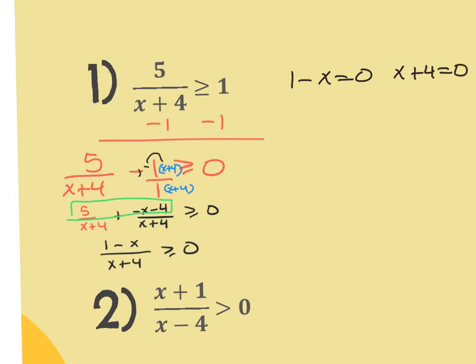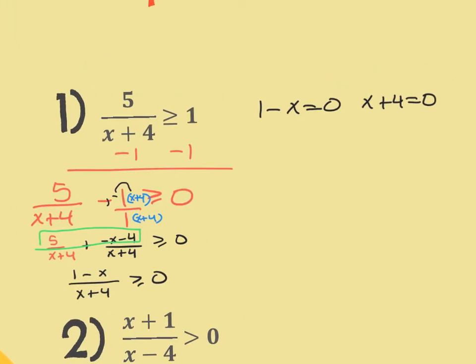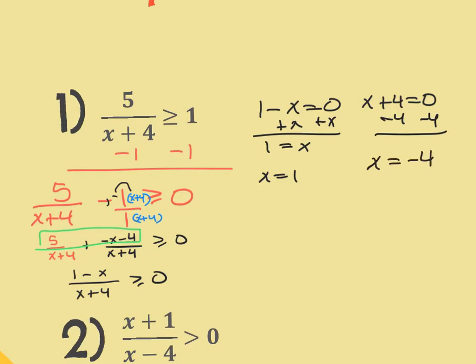Once I solve for x on each of these, they are going to give me my cutoff points on my number line. So for the first one, I could just move the x, get 1 equals x. I could flip it around. Move the 4, and I get x equals -4.